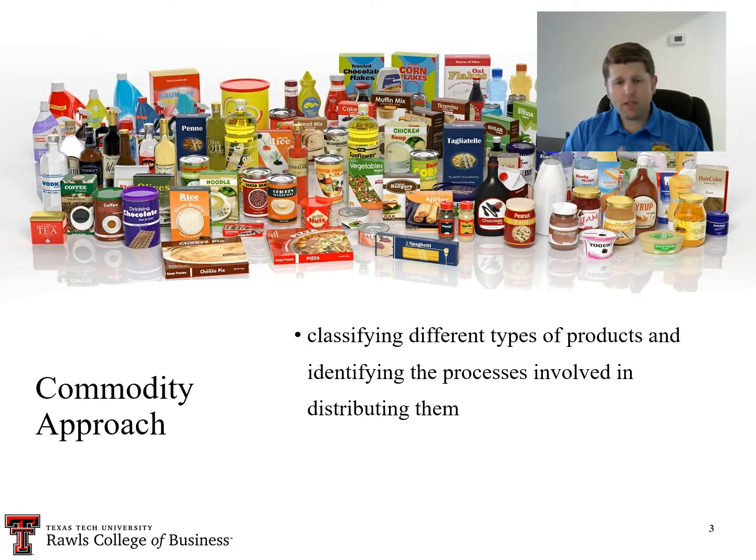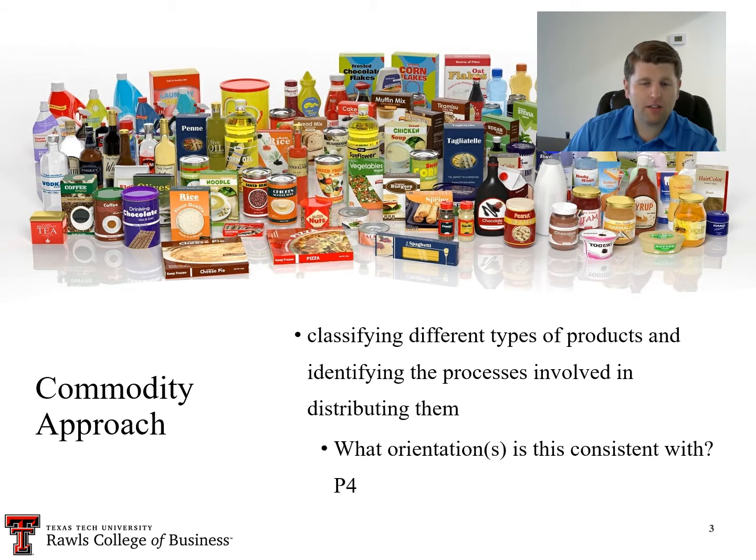So there's the manufacturing of particular products, and here we have food products. All of these require different types of production, and all of these also require different types of distribution. Obviously, we have some that need to be refrigerated, others that can be stored on the shelf for longer periods of time, and so the commodity approach was a way to classify different products.